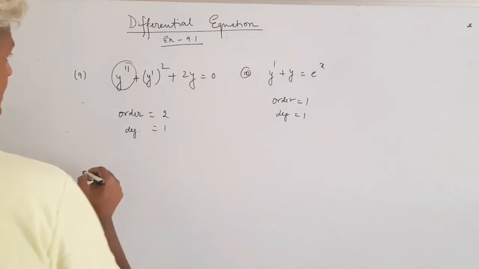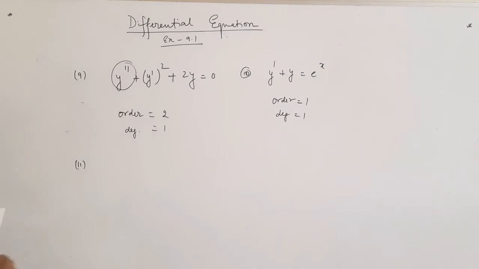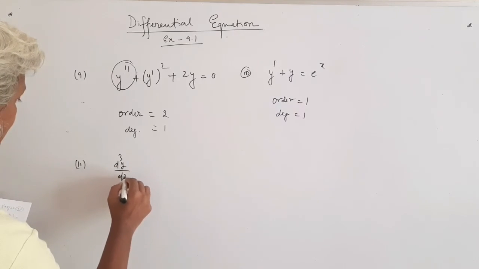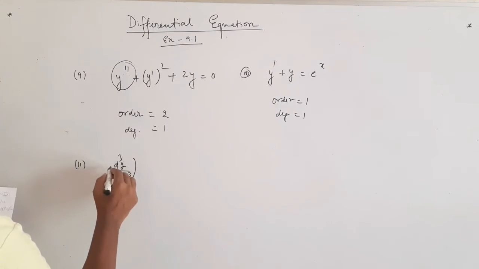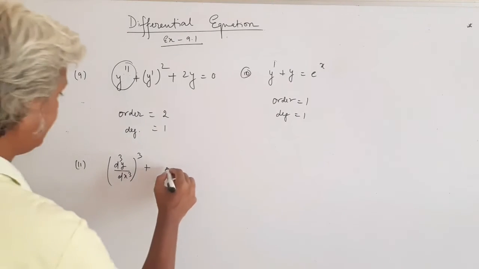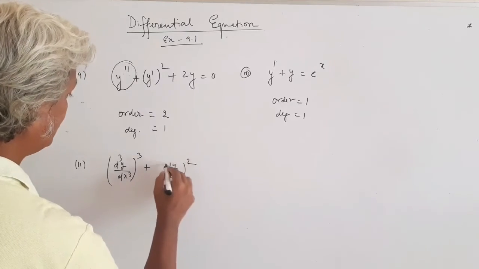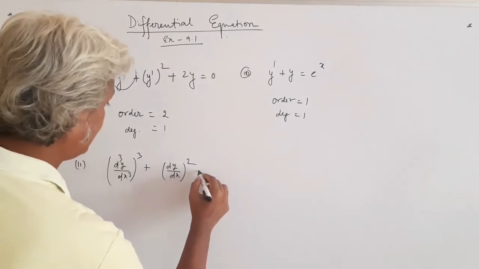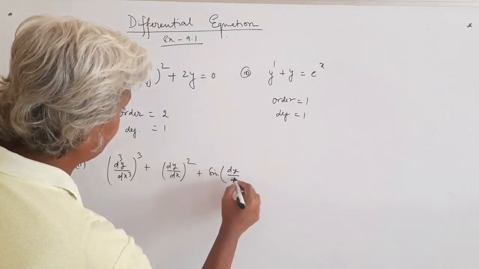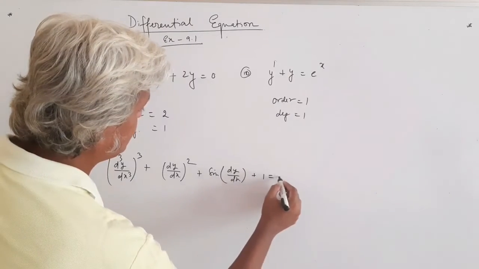Now question number 11, this goes like (d cube y over dx cube) whole to the power 3 plus (dy by dx) whole square plus sine dy by dx plus 1 equals 0.